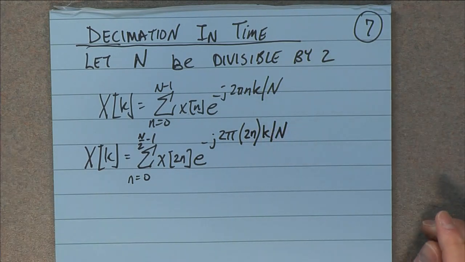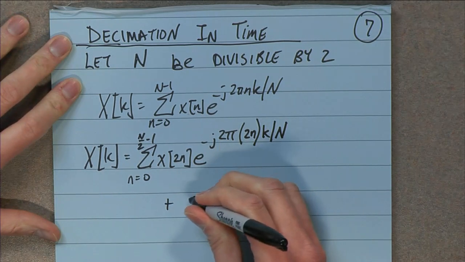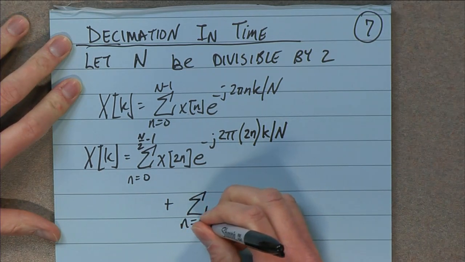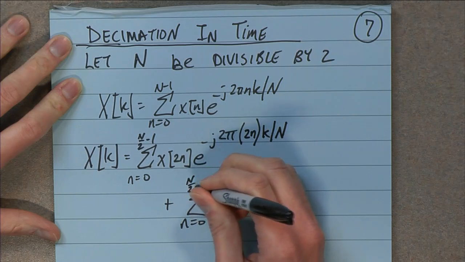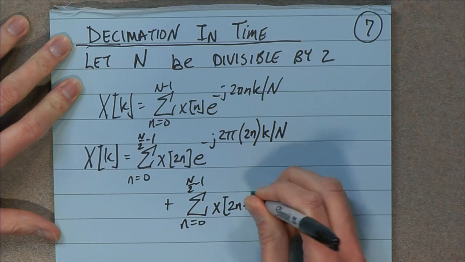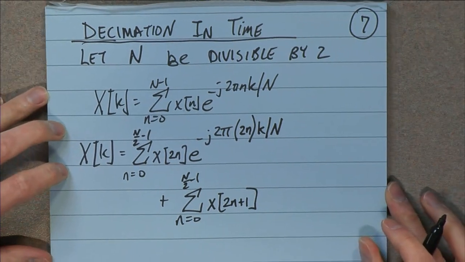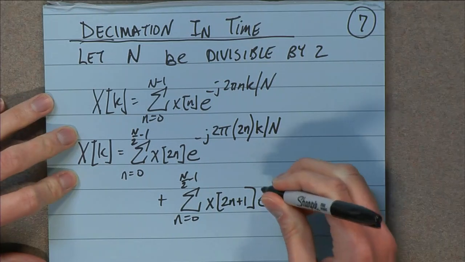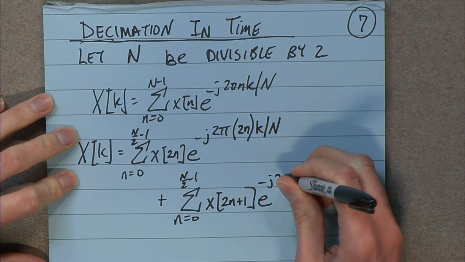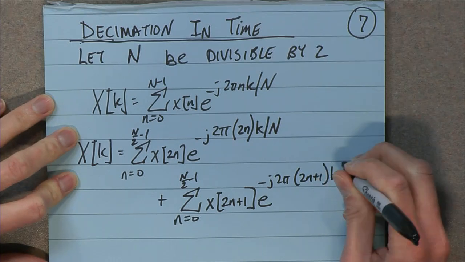So we can put that in play. But what about the odd? So let's do the odd. It will also look the same. But now we've got x of 2n plus 1. And our kernel is going to be a little more complicated because it's 2 pi times 2n plus 1 times k divided by N.